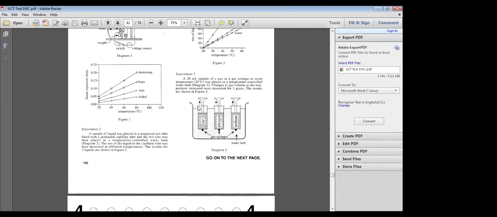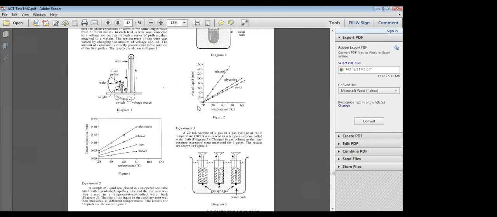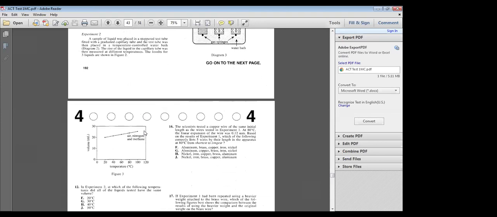Okay, make sure you don't answer from longest to shortest, but from shortest to longest. So it said it's at 0.12, so it's going to go about right there. So which shortest to longest is what? H, right. Nickel, it'll be there. So nickel, iron, copper, brass, aluminum.